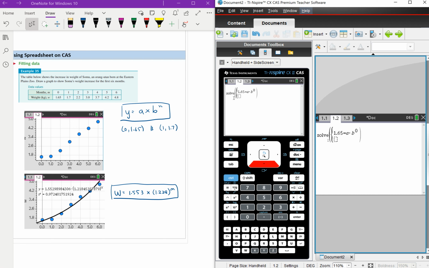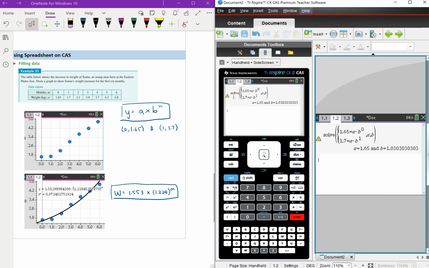And then the weight will be 1.7 equals a times b to the power of 1. Solve for a, b. That's slightly different. Ours is 1.553 approximately, and this is 1.03. And I guess it just depends on which 2 points you pick, because it's not a perfect exponential graph.